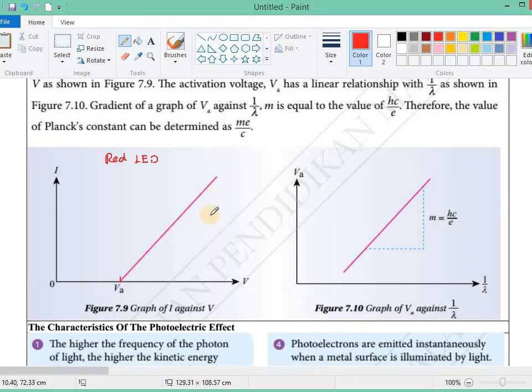Okay, so maybe you would think, what is so special with this? Isn't this the same as a normal bulb? Actually, it's different from a normal bulb. If it's a bulb, the graph is not going to be like this. If it's an incandescent bulb, the normal filament bulb, the graph will look directly proportional.